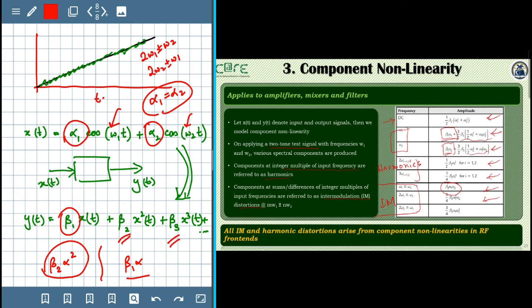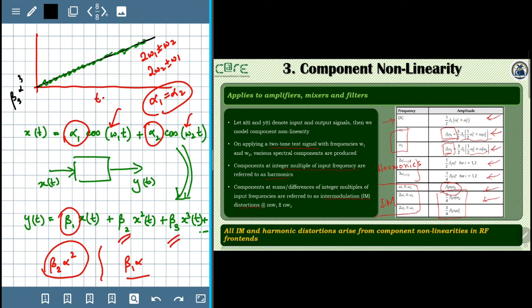If we take a look at the table, we'll see that the third order intermodulation distortion is completely determined by beta 3, and on closer examination, it will be revealed that it grows as beta 3 times alpha cube.